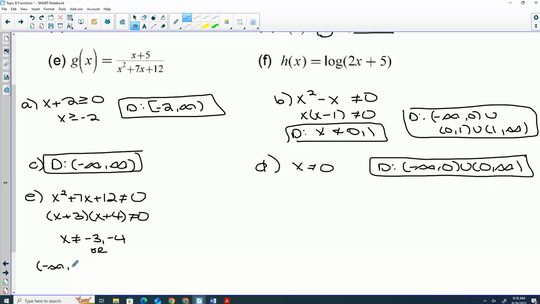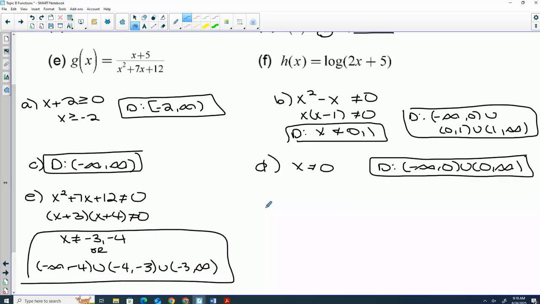Negative infinity to -4, union -4 to -3, union -3 to infinity. And F, we have a log, so we know in a log the argument, 2x plus 5, is greater than 0. So 2x is greater than -5, so x is greater than -5/2. So that would be a parenthesis, because it's not equal to, -5/2 to infinity.